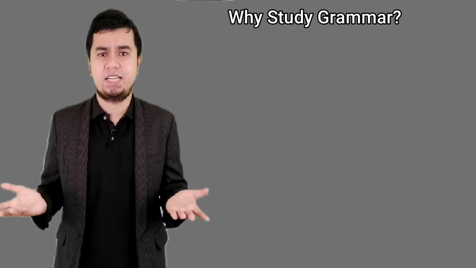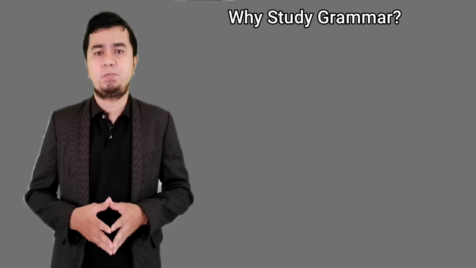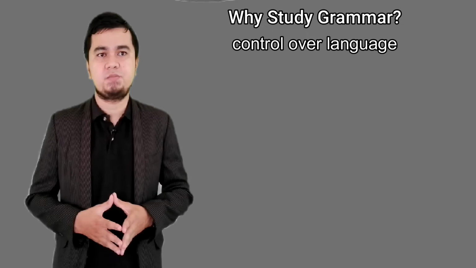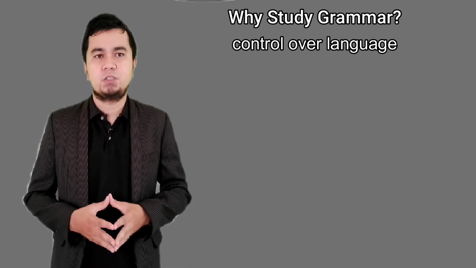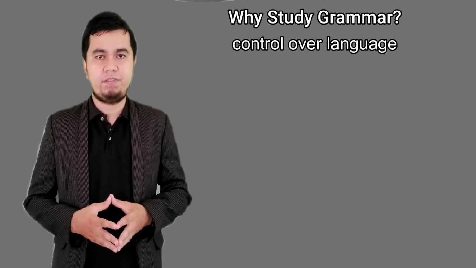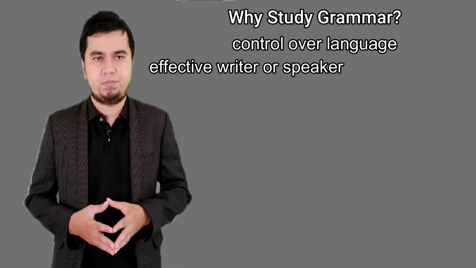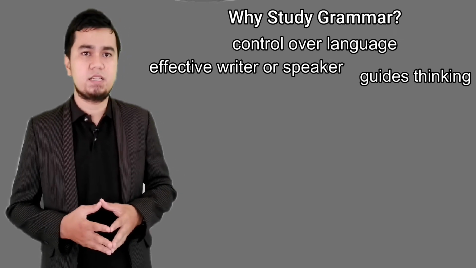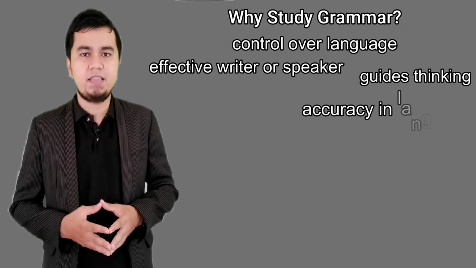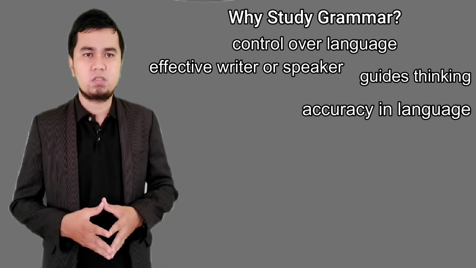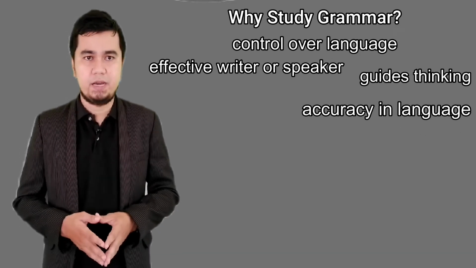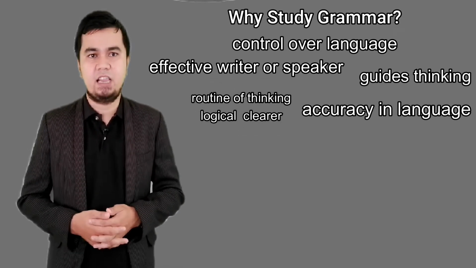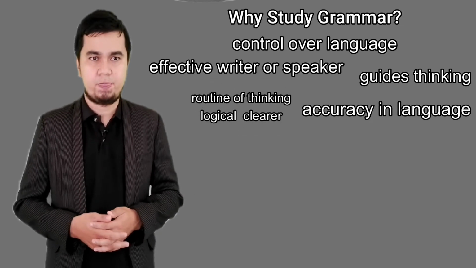Now, why do we study grammar? Grammar helps us to have control over language as a medium of expression. Grammar helps us become more effective writers or speakers. Grammar guides thinking. Grammar accustoms us to accuracy in language and in thinking. And also, grammar helps us to develop a routine of thinking in a logical and clearer way.